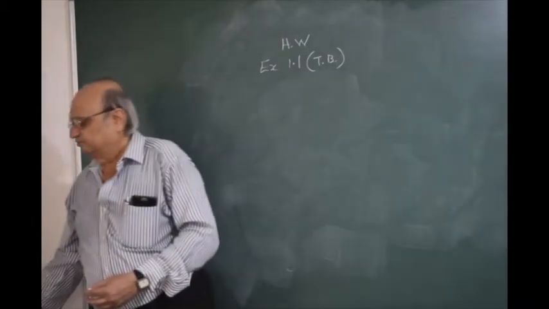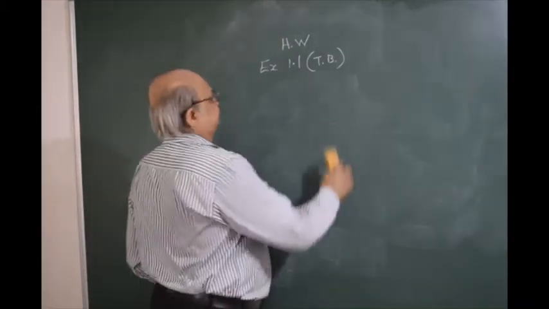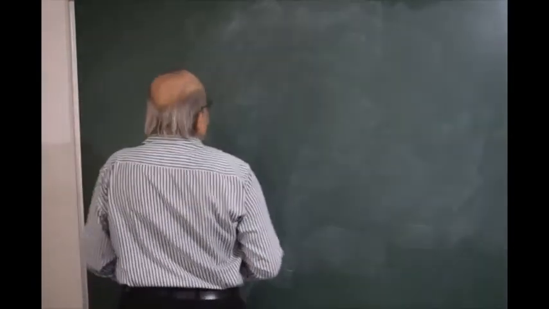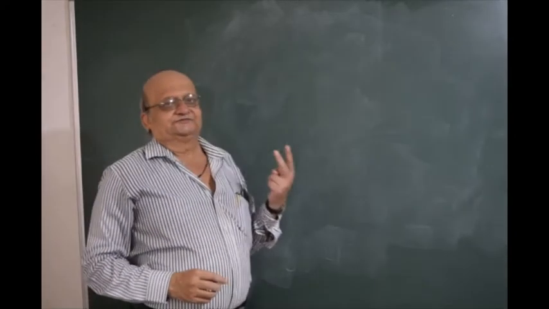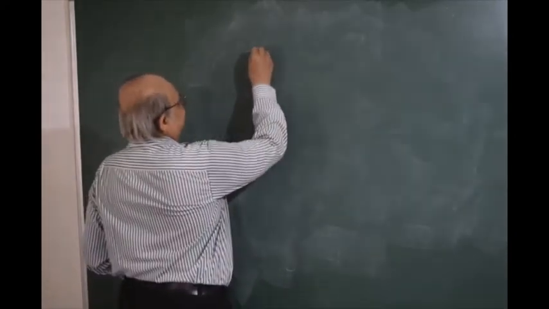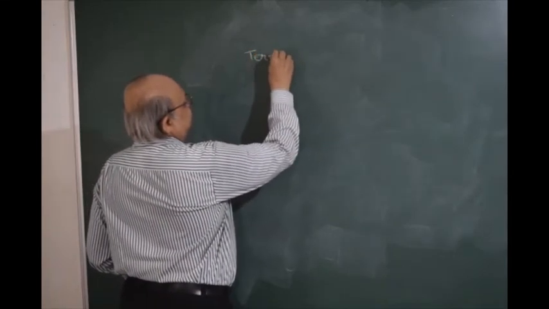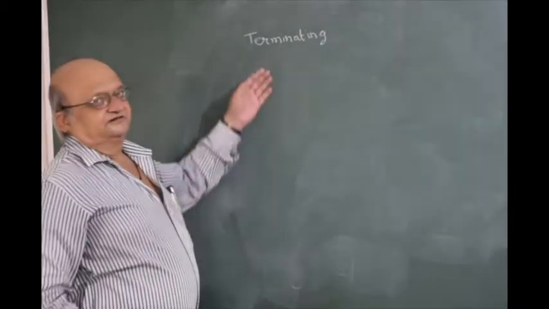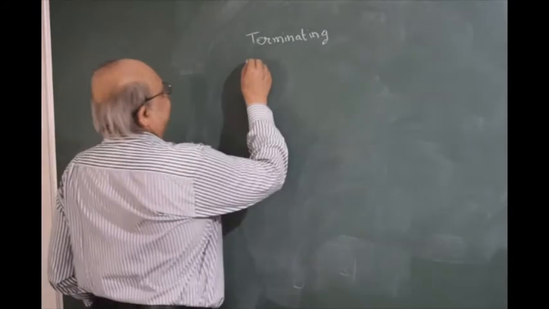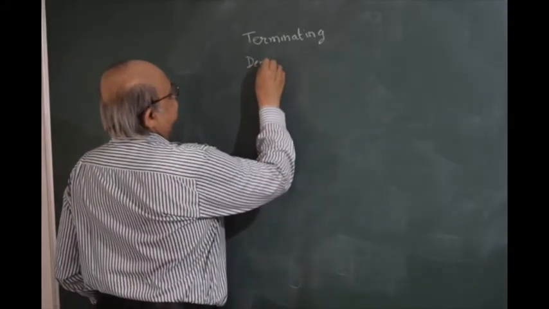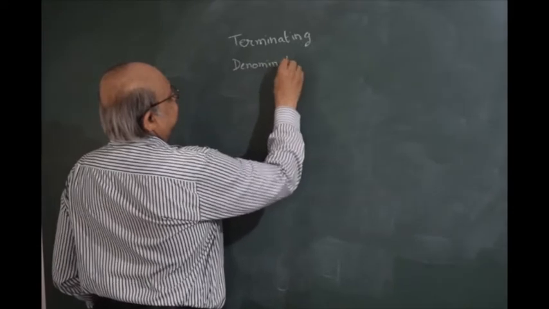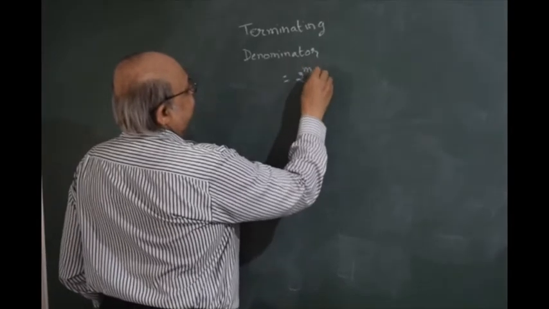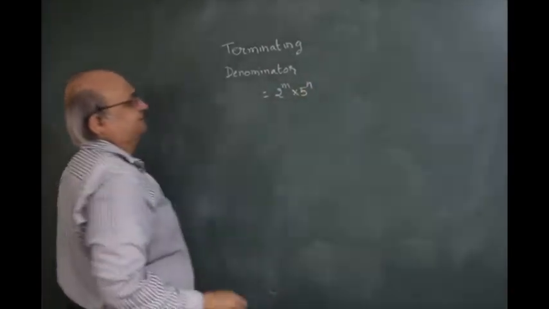Now we recall some more things that we have learned in the previous standards. We have learned about 2 types of decimals. Type 1 are called terminating, and for a decimal to be terminating, we require the denominator in the form of 2 raised to m into 5 raised to n.